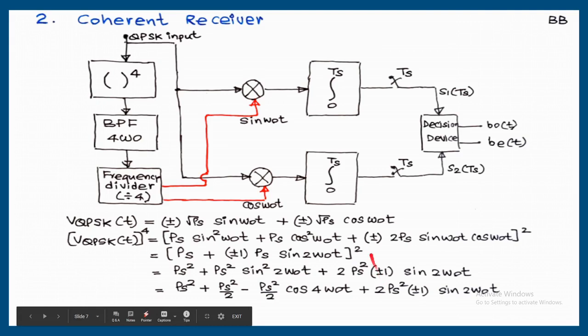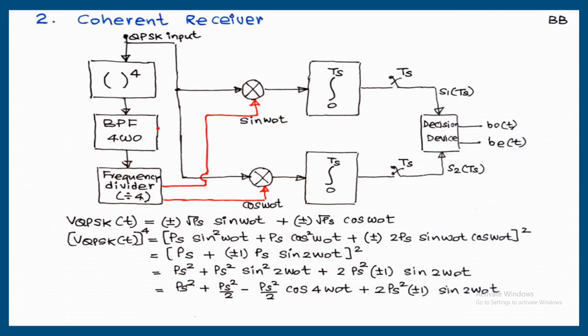And if it is passing through a filter with center frequency 4 omega 0, the output will be minus cos 4 omega 0 t. From that, with frequency divided by 4, we will get minus cos omega 0 t. From this minus cos omega 0 t, using a phase shifting circuit, sin omega 0 t and cos omega 0 t can be obtained, and that sin omega 0 t and cos omega 0 t I am showing here.